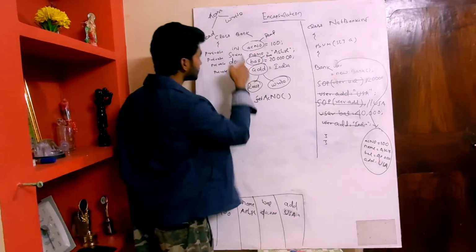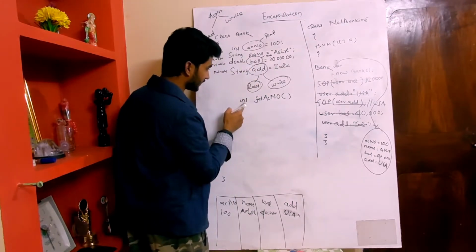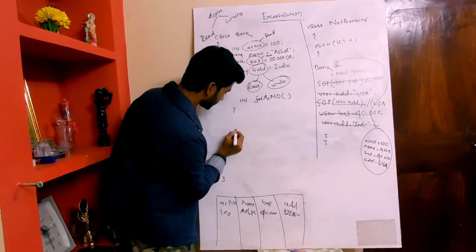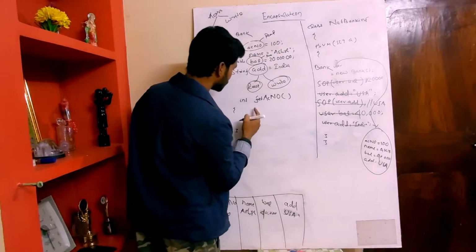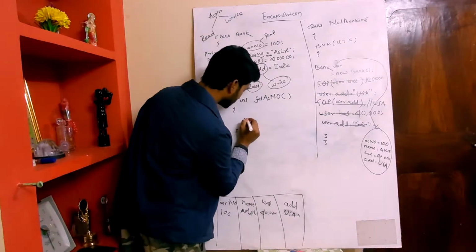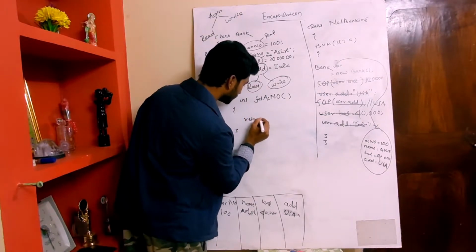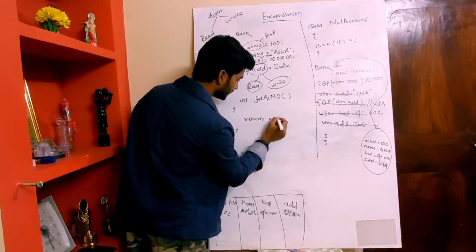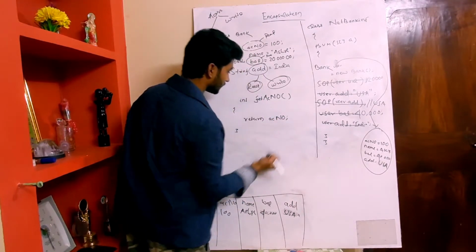The account number is int type, so I'm making it int. I'm opening here, I'm closing here, and what I need to do in this method is return the account number, right? So I'll write return ACNumber.